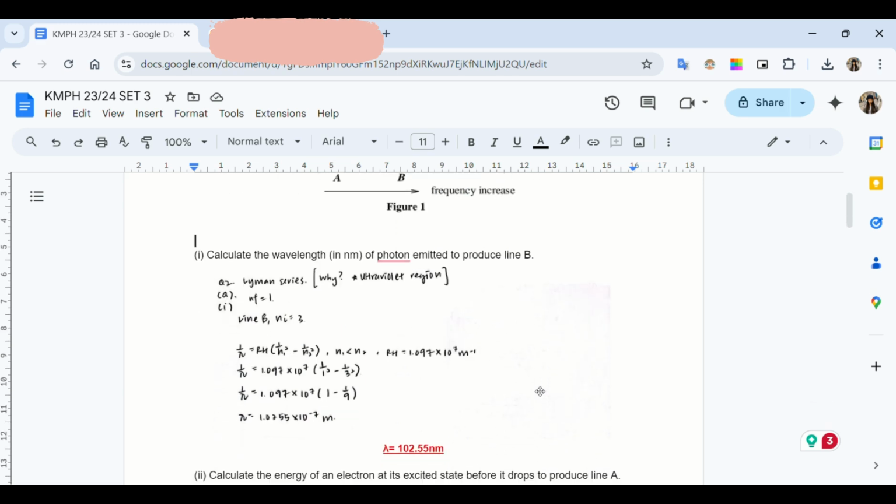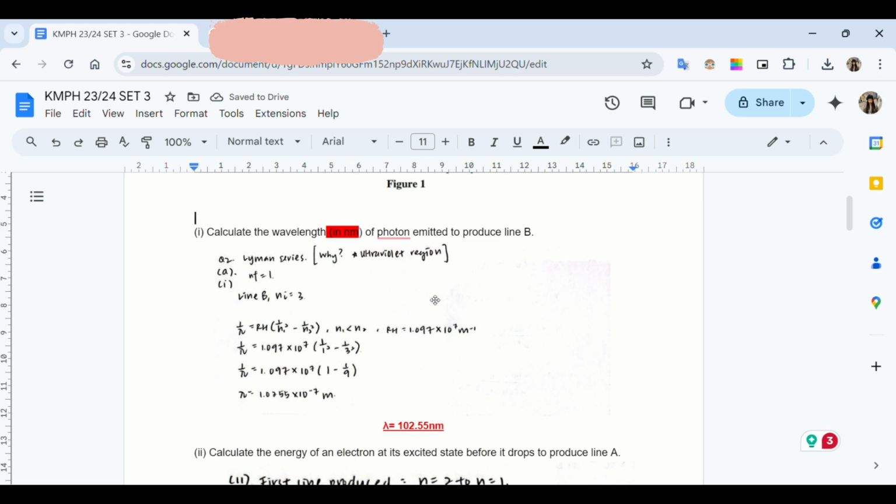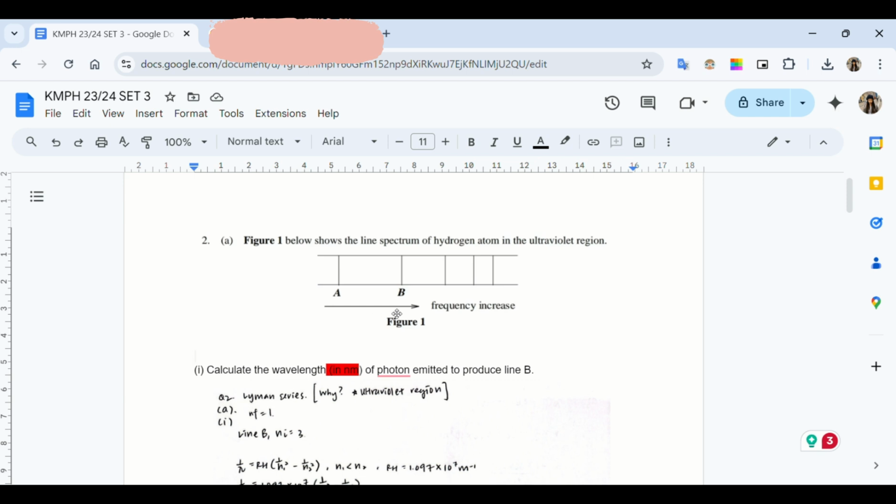So the first part of the question asks us to calculate the wavelength in nanometer of photon emitted to produce line B. Please highlight this part as it will prevent you from making careless mistakes. So for Lyman series, the n final will be 1 and then the n initial for line B will be 3. Why? I will be showing you the way to determine the answer now.